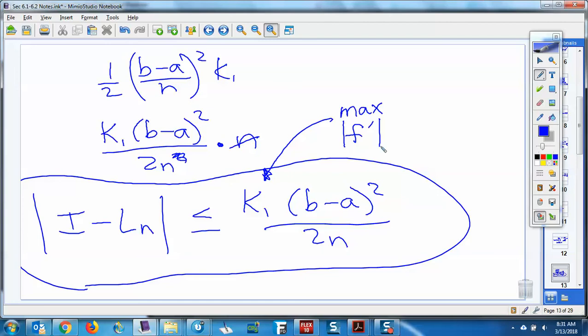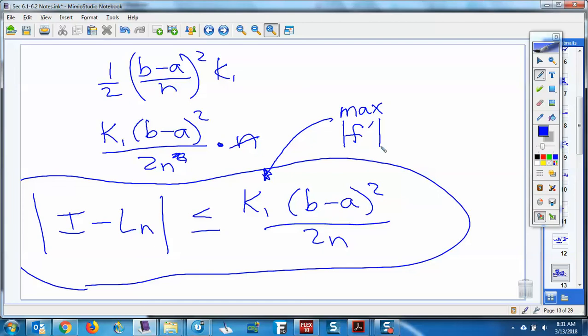So if you had an f graph, and for a while it went up as steep as 2, and then a little later it went down as steep as -3, which one of those do you suppose you'd use for K1? Which one would cause the most error? A slope of 2 or a slope of -3?